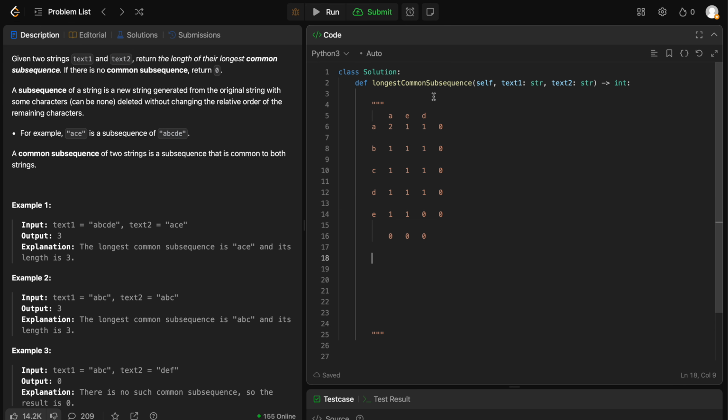Since we know the situations that we have, if they're the same, then we progress both indices by 1 and we increase by 1.